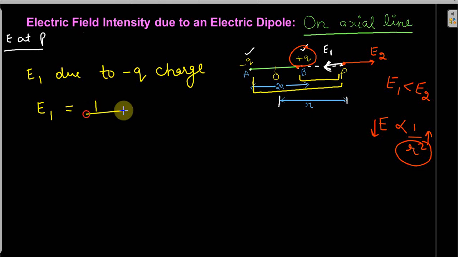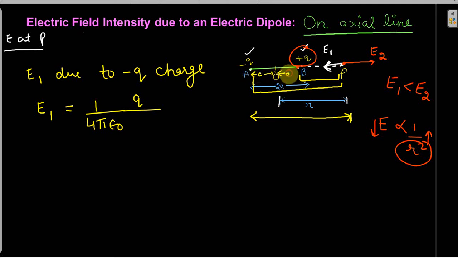We will write the formula for a point charge. So 1 by 4 pi epsilon naught, what is your charge? Q. We are taking it here in magnitude form. So what is the distance of the minus Q charge from point P? This portion is R and this one is your A.